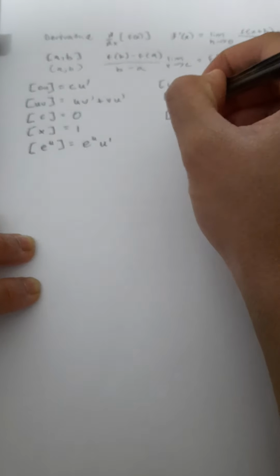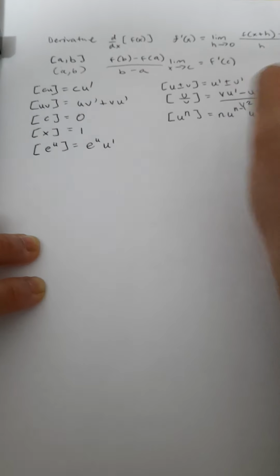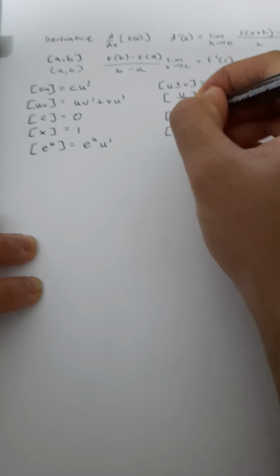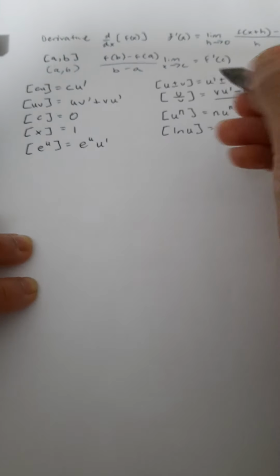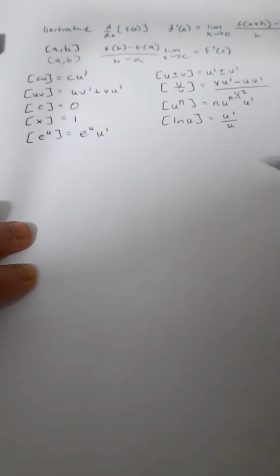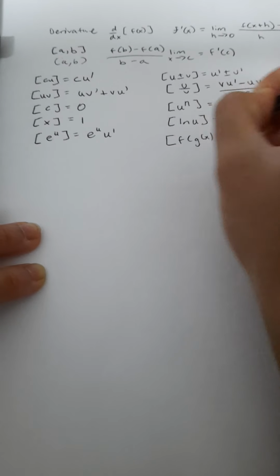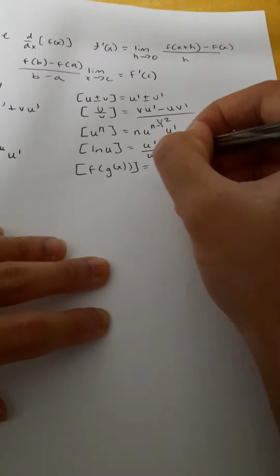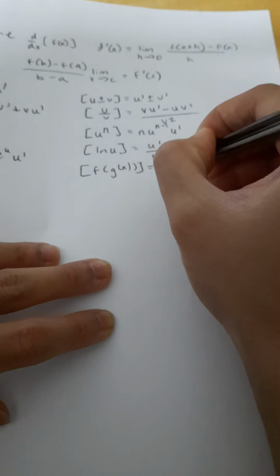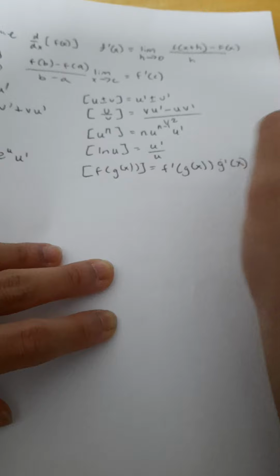The next one is u to the n, the power rule, which is n u to the n minus 1 times u prime. Then we have ln u, which is u prime over u. And our last one is the chain rule. This one goes f of g of x, so it's a function within a function. It is f prime of g of x, and you multiply that by g prime of x.